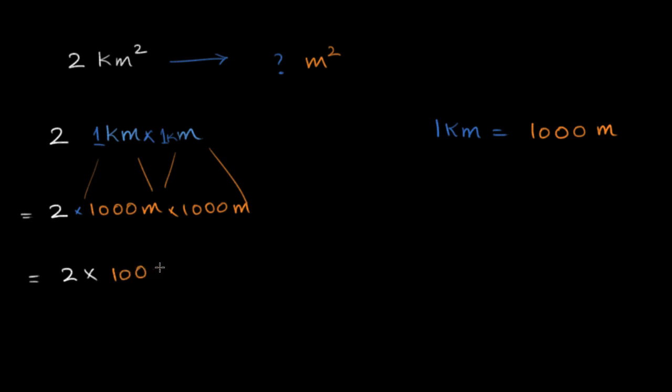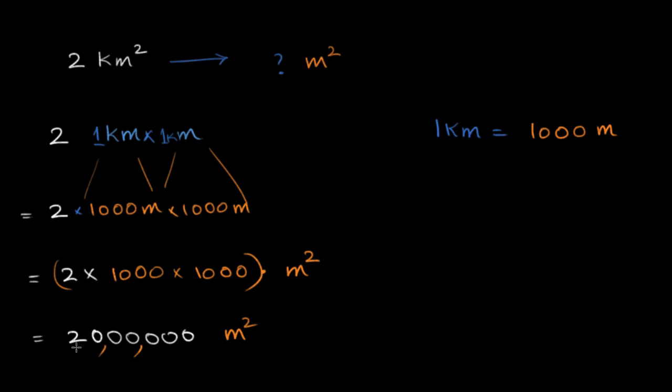That's huge. 1,000 times 1,000 multiplied with meters into meters or meters squared. So all my numbers together over here, and what's that going to be equal to? 2, 1, 2, 3, 4, 5, 6, 6 zeros, meters squared. And what is that? If I use my commas, that's 20 lakh meters squared. 2 kilometers squared is 20 lakh meters squared.